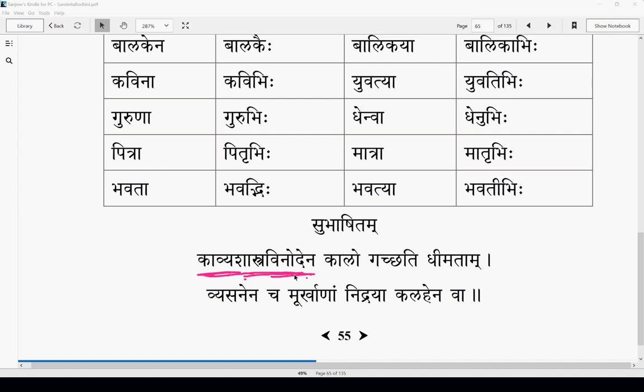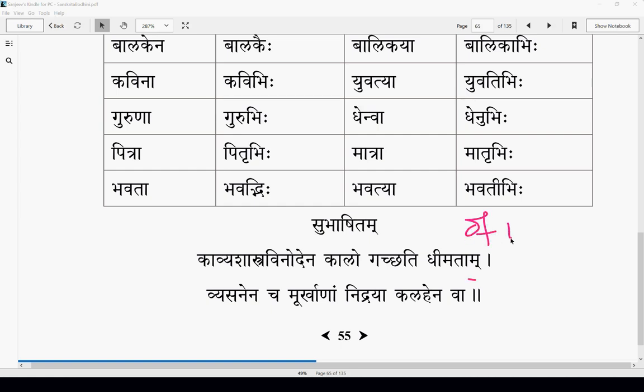So by doing this, Kalaha means time. Gachati goes. Dhimatam. Dhimat means wise person.